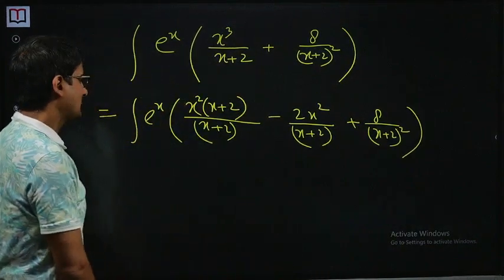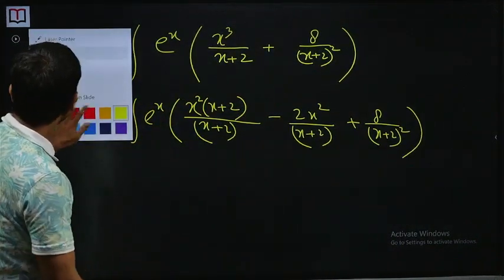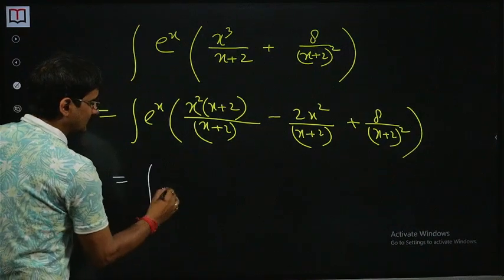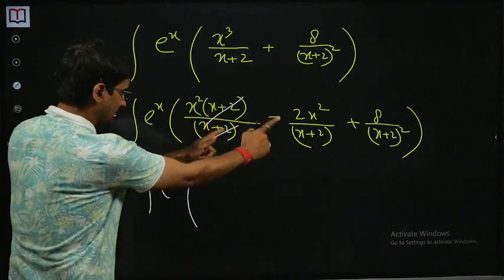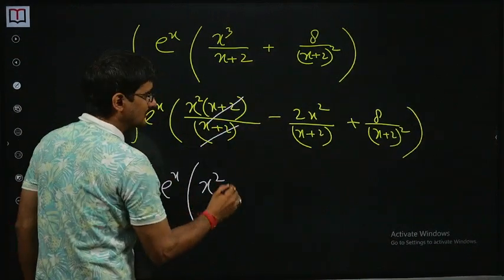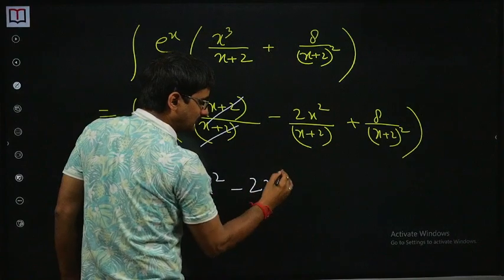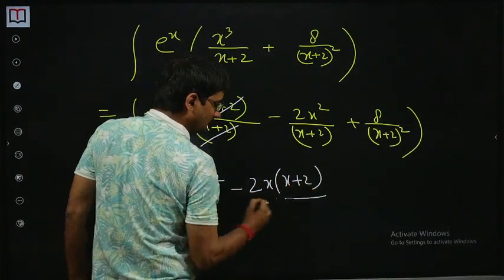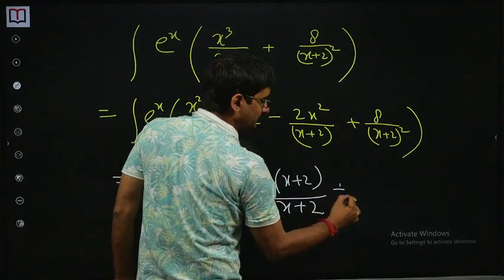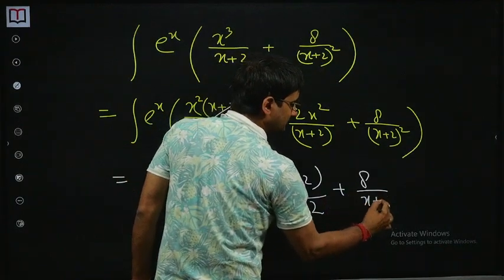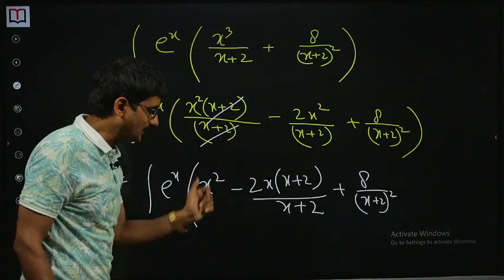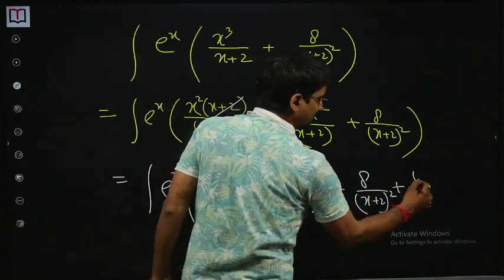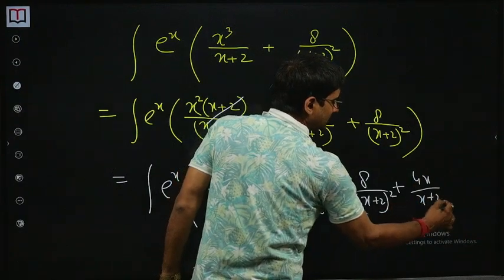Isn't that so, bacho? Now at last again, moving further, e raised power x into, so that's gone. We are left with that one, so x square minus 2x into x plus 2 upon x plus 2 plus 8 upon x plus 2 whole square. See, you subtracted 4x, we have to add 4x upon x plus 2.